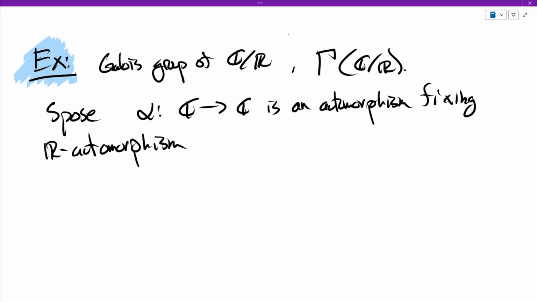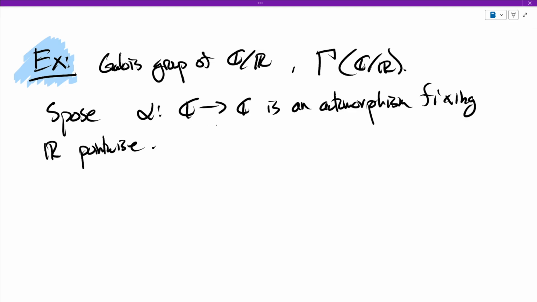It's an R-automorphism, something that fixes R pointwise. Well, this is why we spent so much time working out set theoretic descriptions of our extensions, because we have to play with them, and we start playing with them right now.